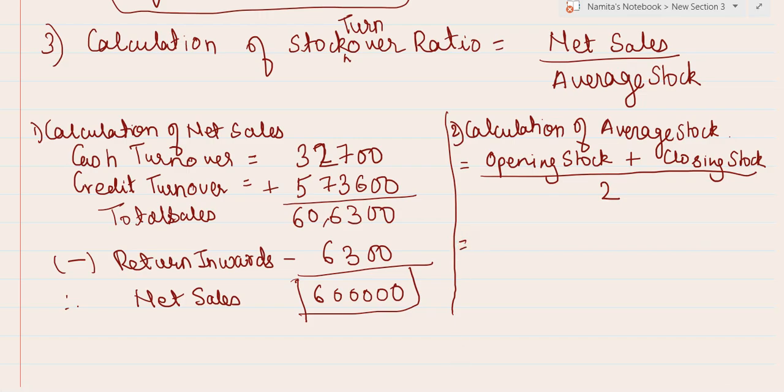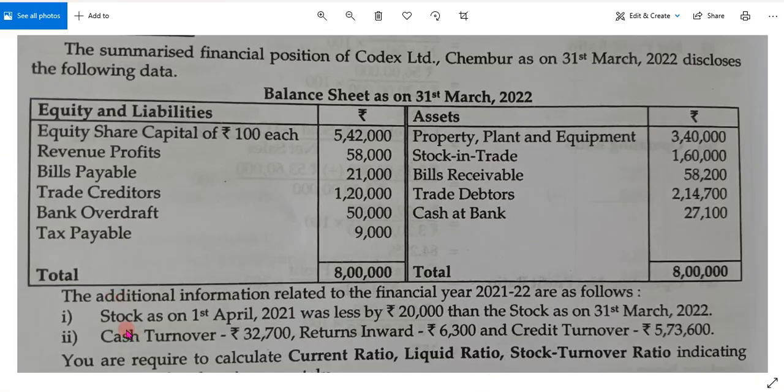Now for opening stock and closing stock, additional information is given in the question: stock as on 1st April 2021 was less by rupees 20,000 than the stock as on 31st March 2022.